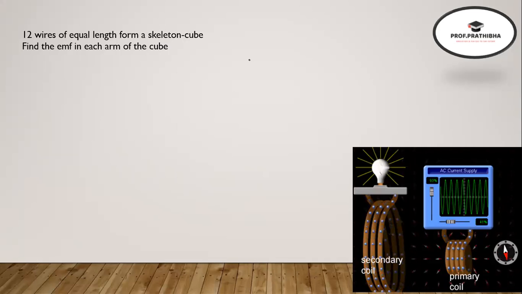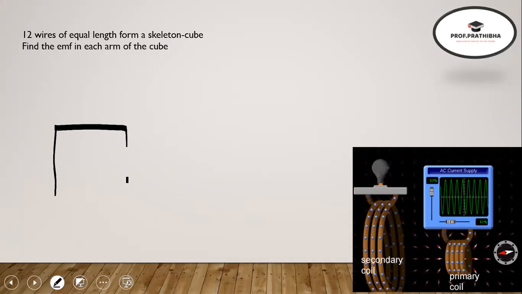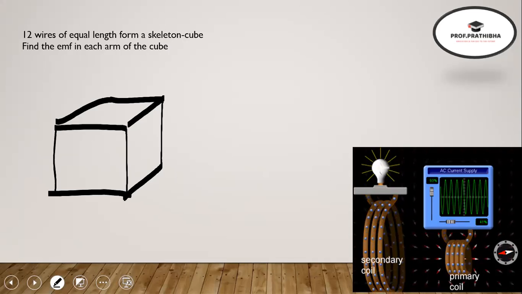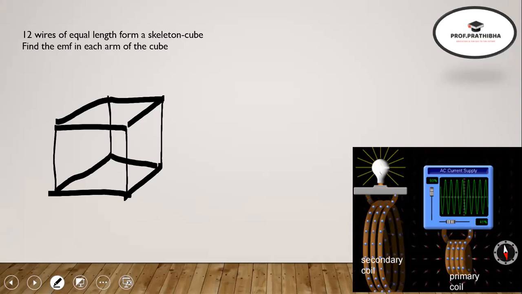Suppose there are 12 wires of equal length that is connected to a skeleton cube. I hope you've done the cube. So let me think of a cube. Say this is my cube, which I have taken.